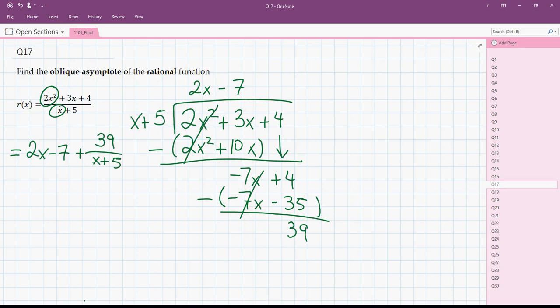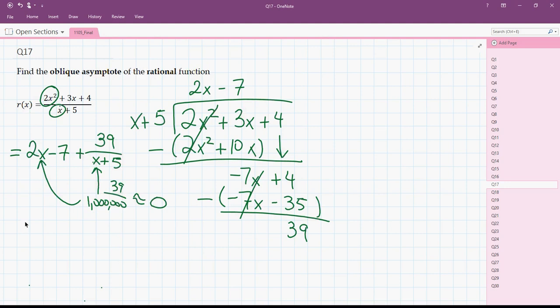So if we look at this for, let's say, x, again, we plug in 1,000,000. 39 divided by 1,000,000 is equivalently close to 0 compared to how big 2 times 1,000,000 is going to be.